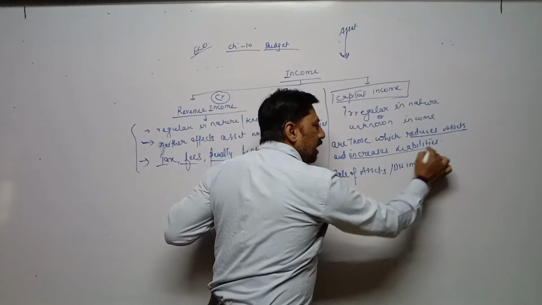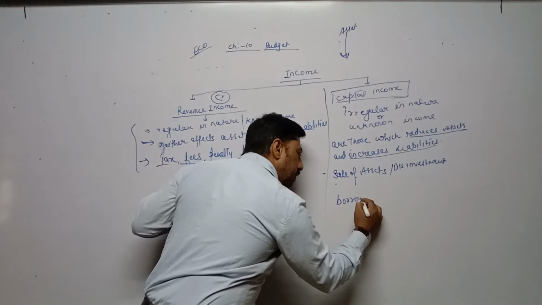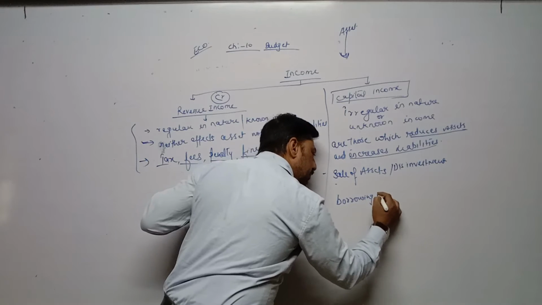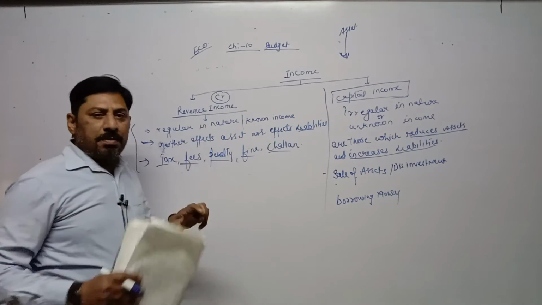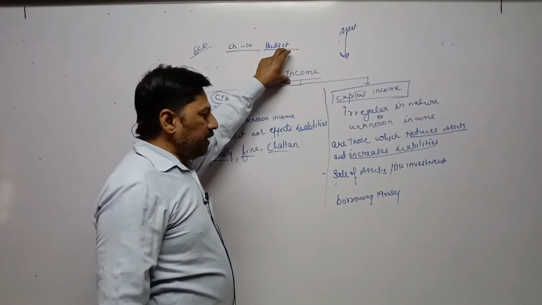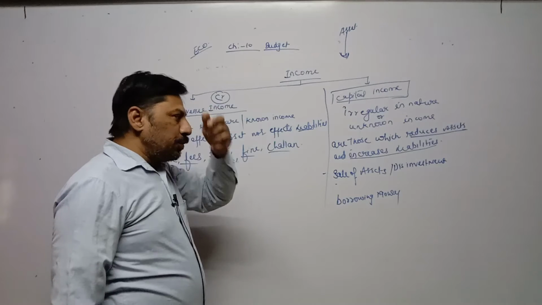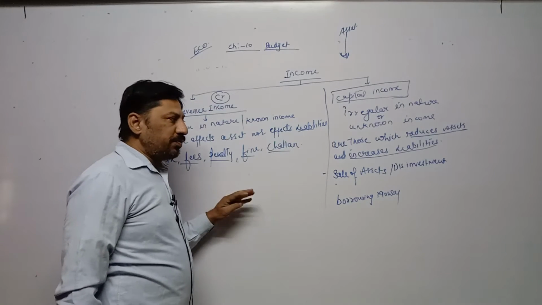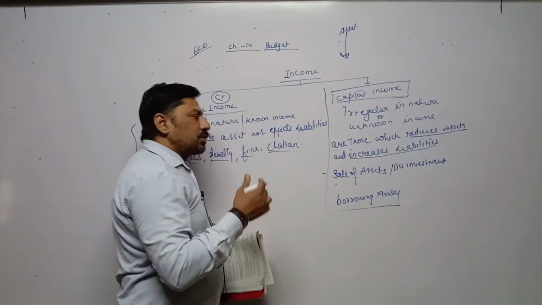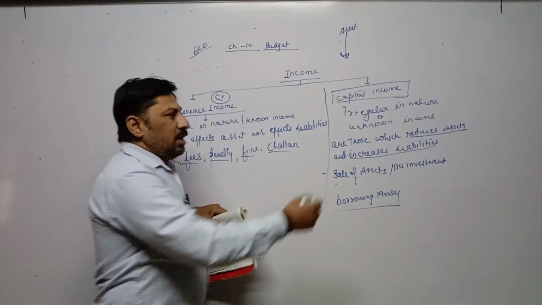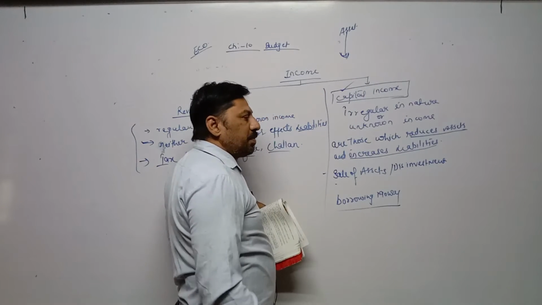Now second, increases liability: borrowing money. When government is borrowing money from any other institution, from foreign governments, from foreign companies, cash inflows, means government is receiving cash. When they are receiving cash, it is considered capital income. That becomes income.